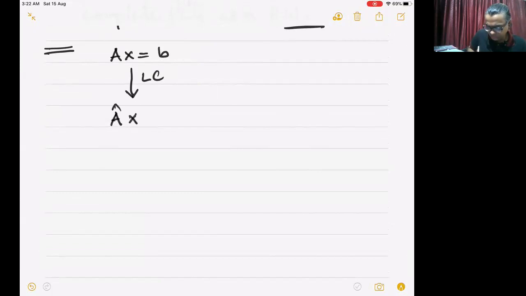For example, suppose I have Ax equal to b, but then I do various linear combinations, and I obtain A hat x equals b hat by taking linear combinations. This suppose has solution set S1, and this suppose has solution set S2.